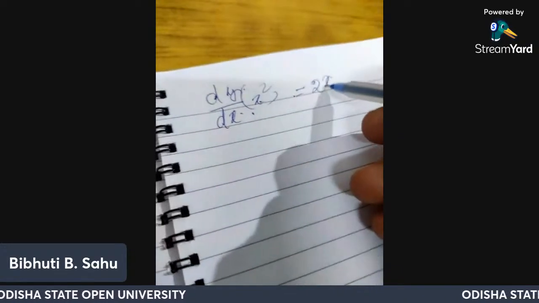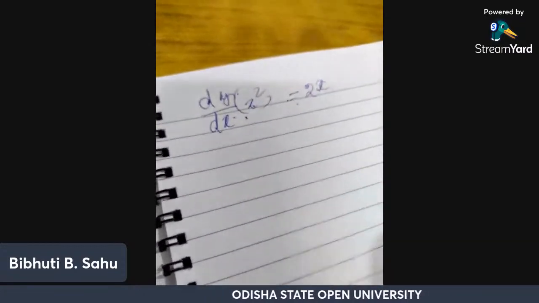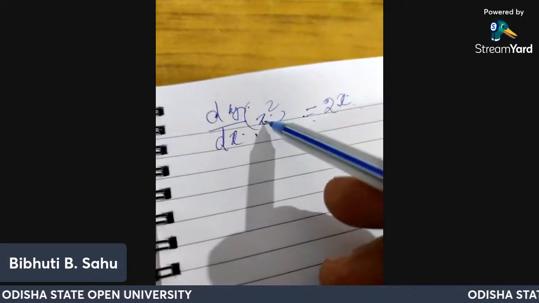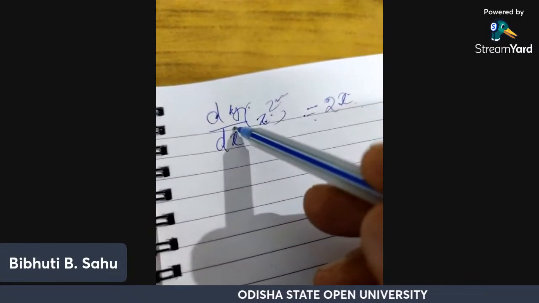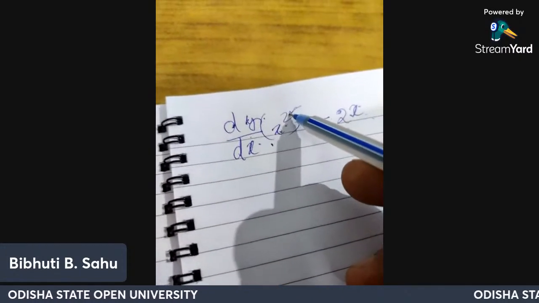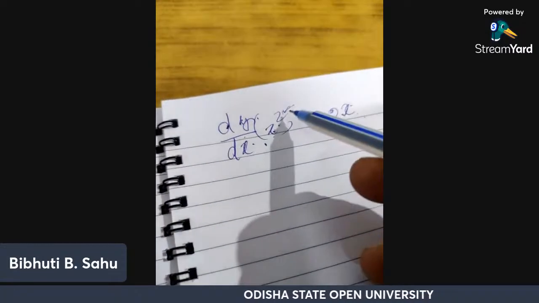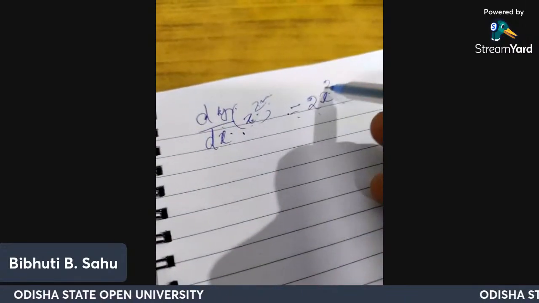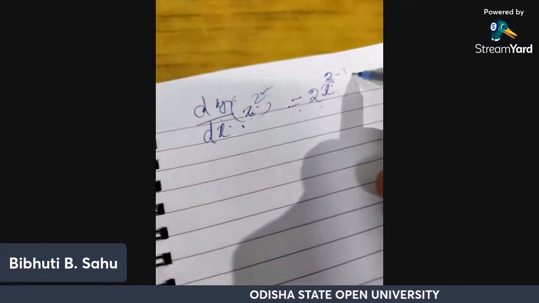So this is how we can find the derivatives of functions. So what is this derivative? As you can see, here is the exponent of x. To find the derivative, you can see the exponent of the variable becomes the coefficient. Here 2 is the coefficient, and the power becomes 2 minus 1.